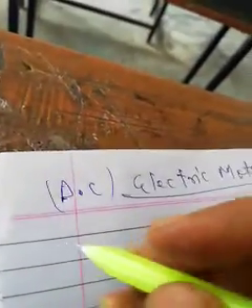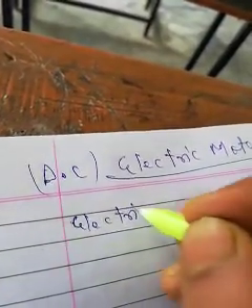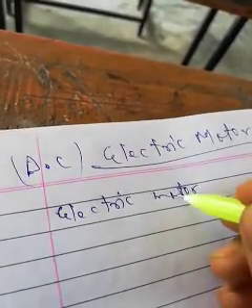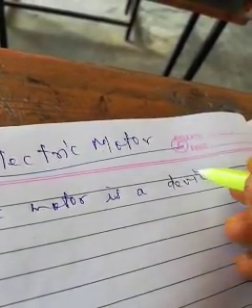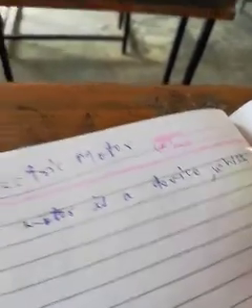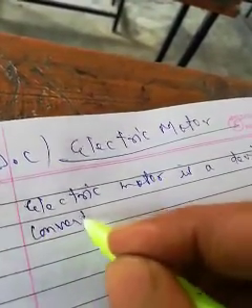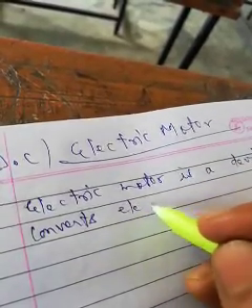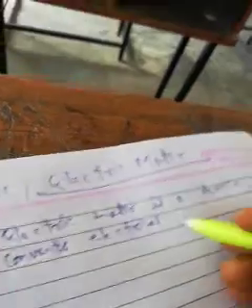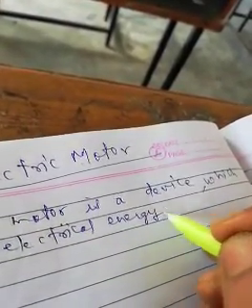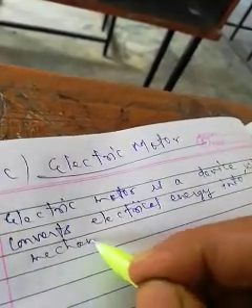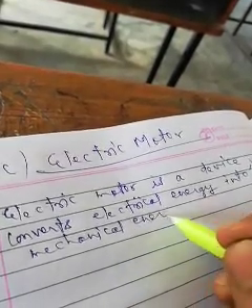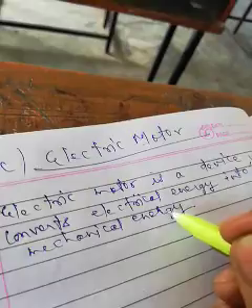So, an electric motor is a device which converts electrical energy into mechanical energy.